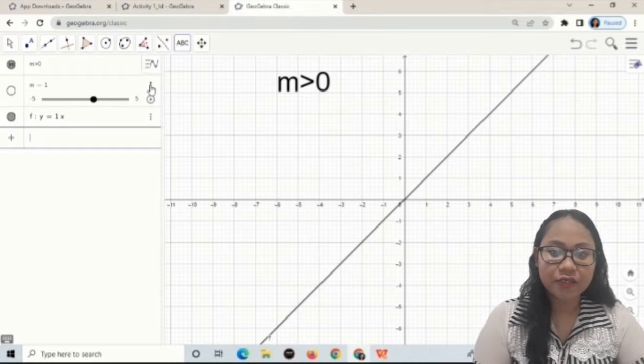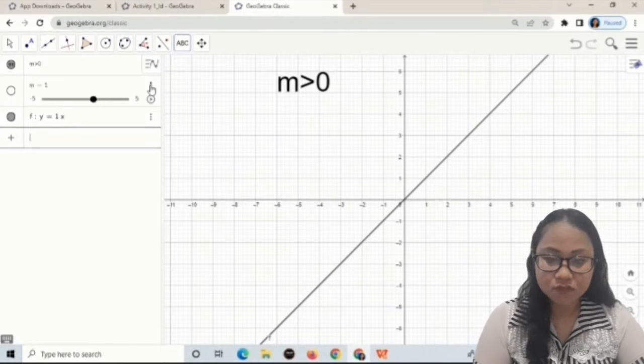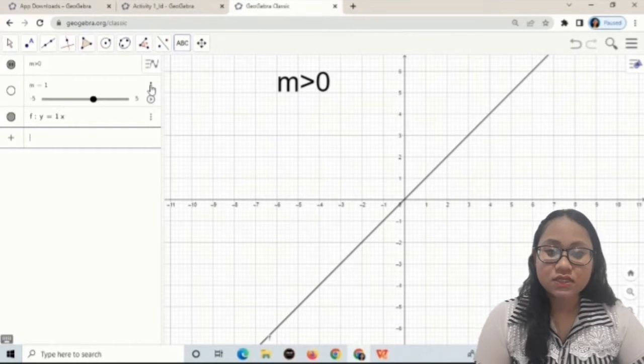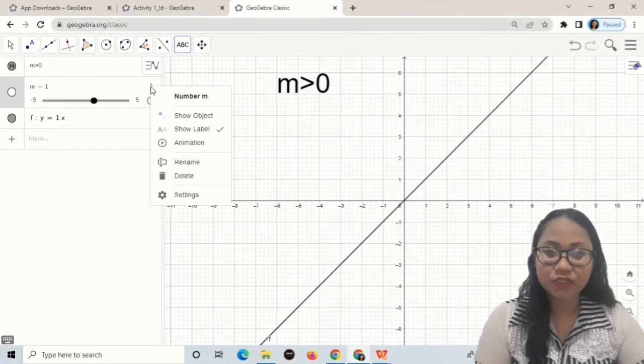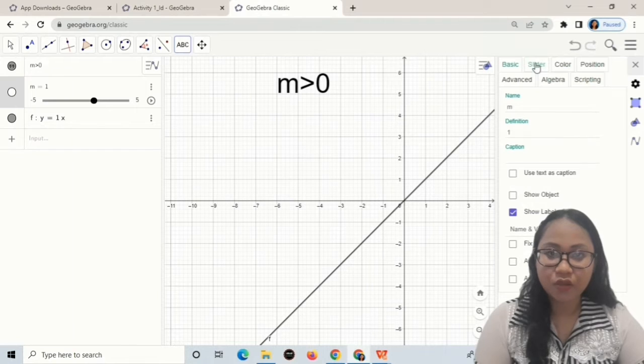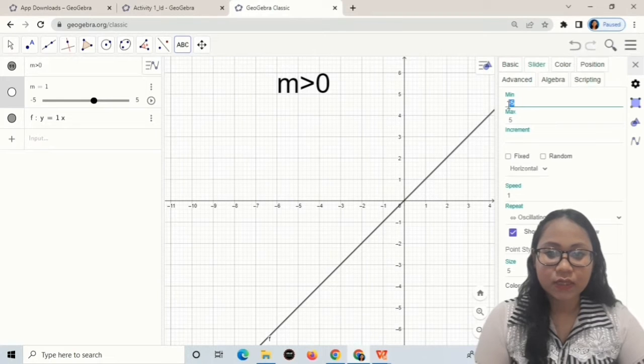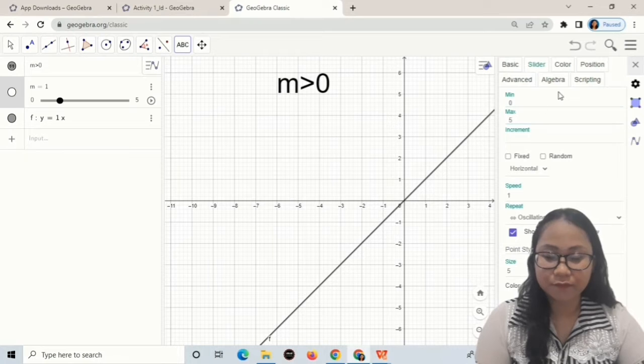Create a straight line graph by typing y equal to mx. Since we focus on the positive value of m, we need to change the setting for the slider m, where minimum is equal to 0 and maximum is equal to 5.